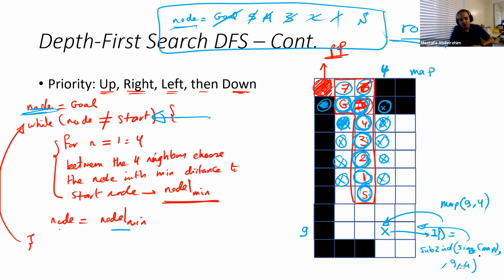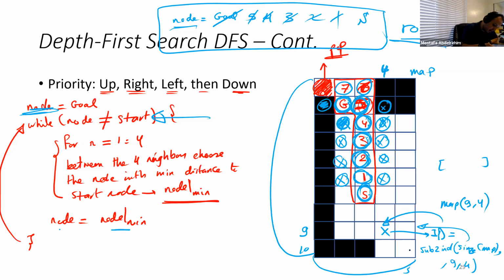If you write size of map in MATLAB, it will return to you a vector, something like this, which has 10 rows and 5 columns, which was our original entry here.